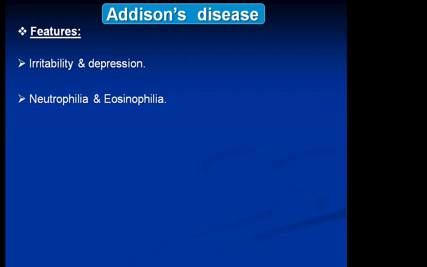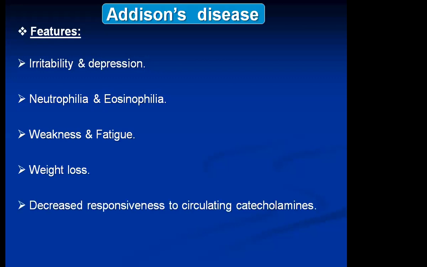There is neutrophilia and eosinophilia, that is, an increase in the neutrophil as well as eosinophil counts. There can be weakness and fatigue. There is weight loss. There is decreased responsiveness to circulating catecholamines. And there is decrease in the secretion of gastric acid, which is known as hypochlorhydria. So these are some of the other features in Addison's disease.